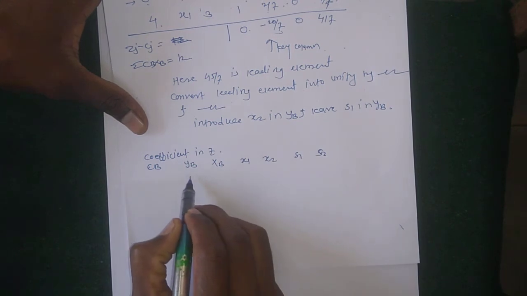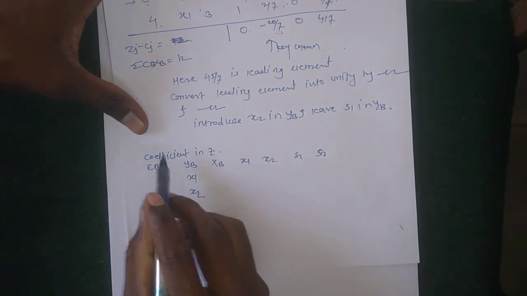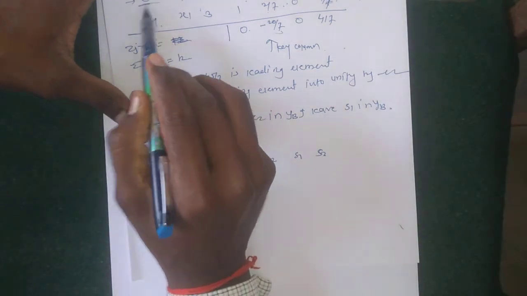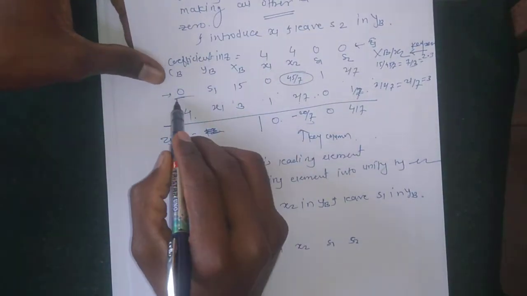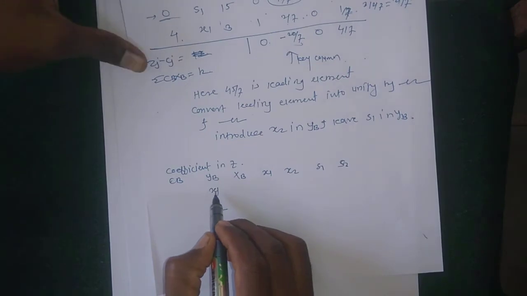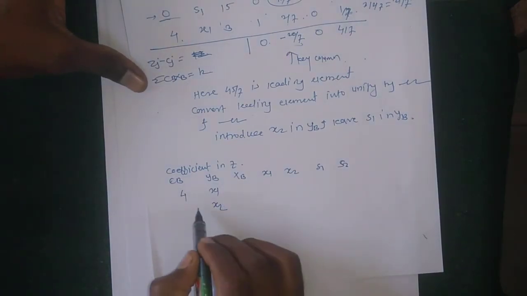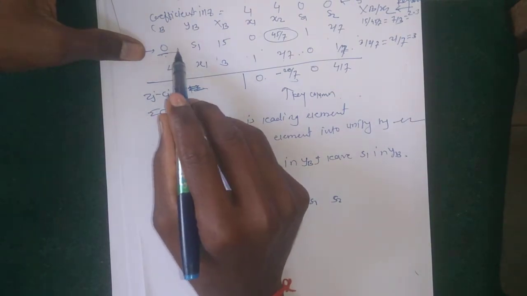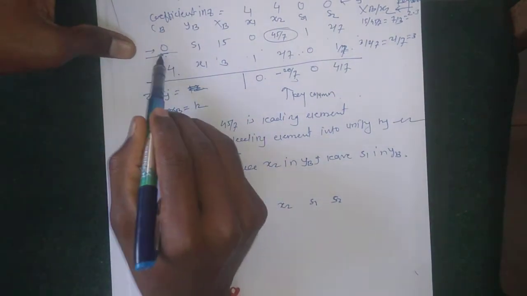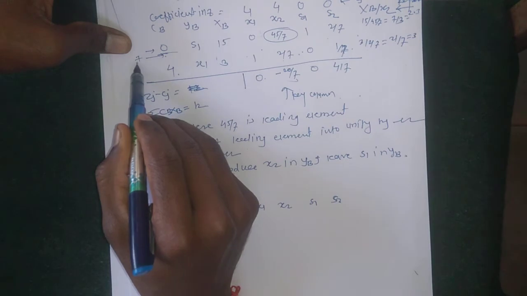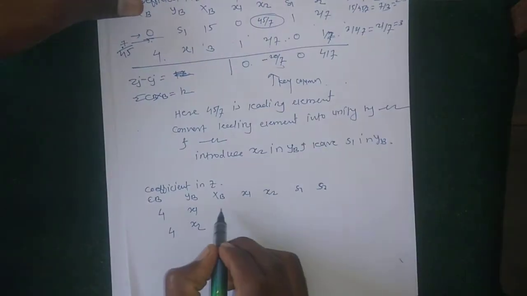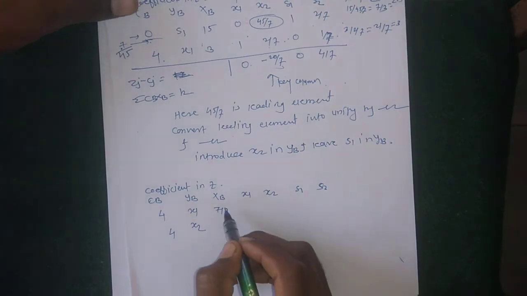Then replacing here x1 and x2. So dividing this column by 45 by 7, that is multiply this column by 7 by 45, we get x1 coefficient is 4 and x2 coefficient is 4. So multiplying this coefficient by 7 divided by 45, their value is 7 by 3.